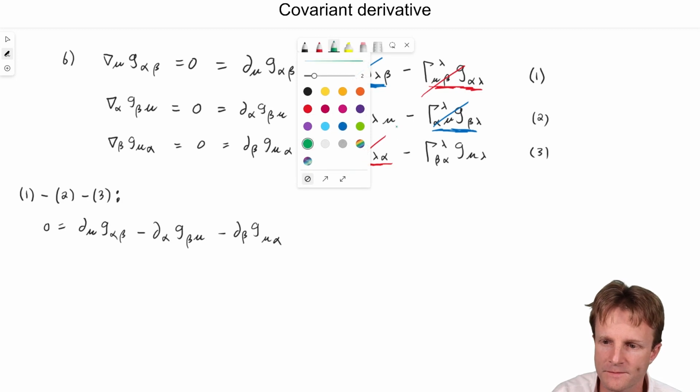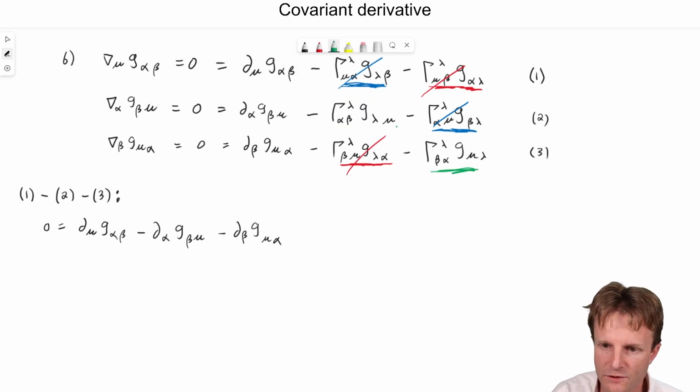Now the last terms involving the Christoffel symbols are also identical, but they're appearing in equations 2 and 3, which are being added together with the same sign. They're both being multiplied by -1 and added, and so this is going to become plus 2 gamma lambda alpha beta g lambda mu.